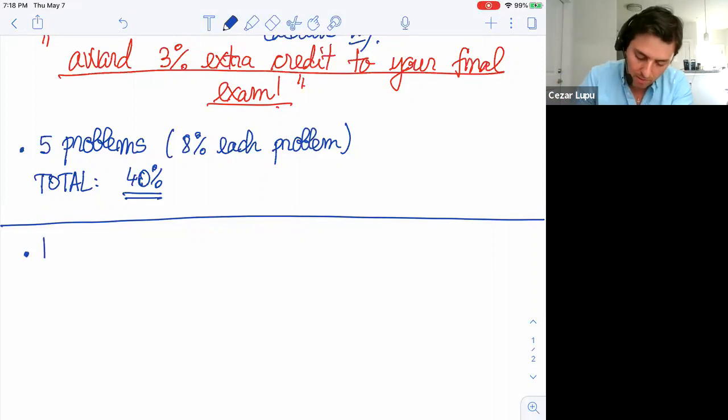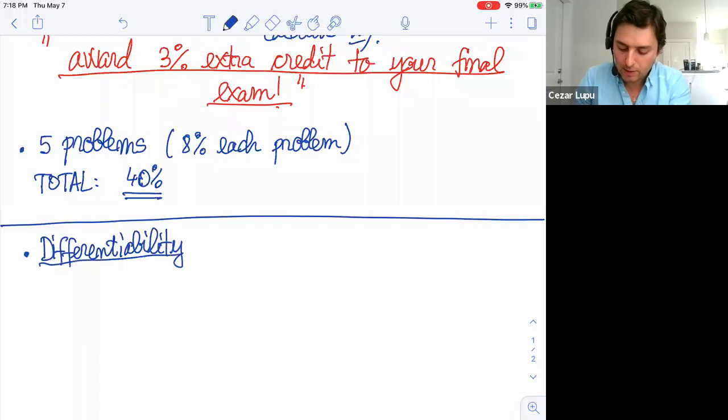It will cover differentiability, and here you can emphasize, for example, the derivative and properties of derivatives.